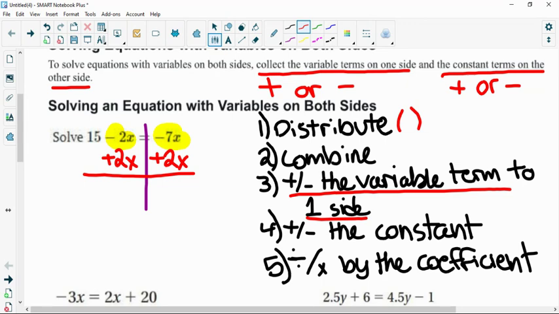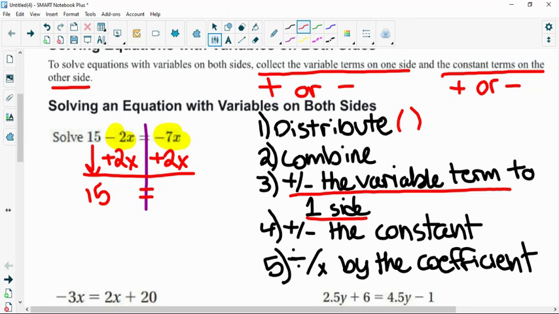Over on the left side, by doing that, I'm only left with the 15. Because negative 2x plus 2x becomes just 0. And I now need to go ahead and combine negative 7x plus 2x.